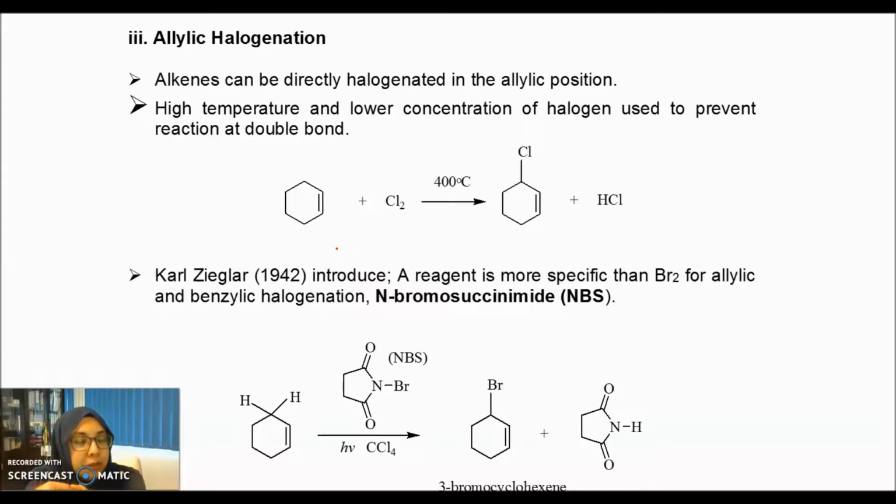For the case of chlorine, we can use high temperature and a low concentration of halogen to prevent reaction at the double bond. For example, here we have cyclohexene reacting with chlorine.